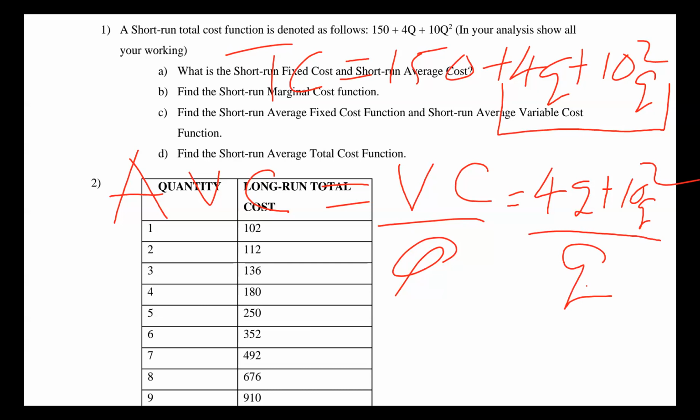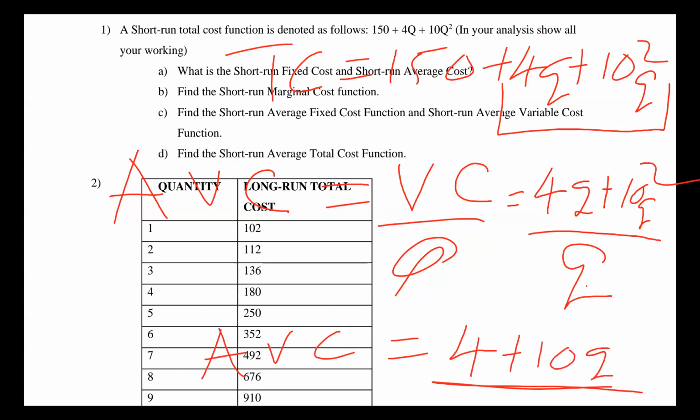So when we divide by q, our average variable cost shall be 4 plus 10q. This is because there are 2 q's in 10q squared, and one of the q's cancels with the q in the denominator. Any question?